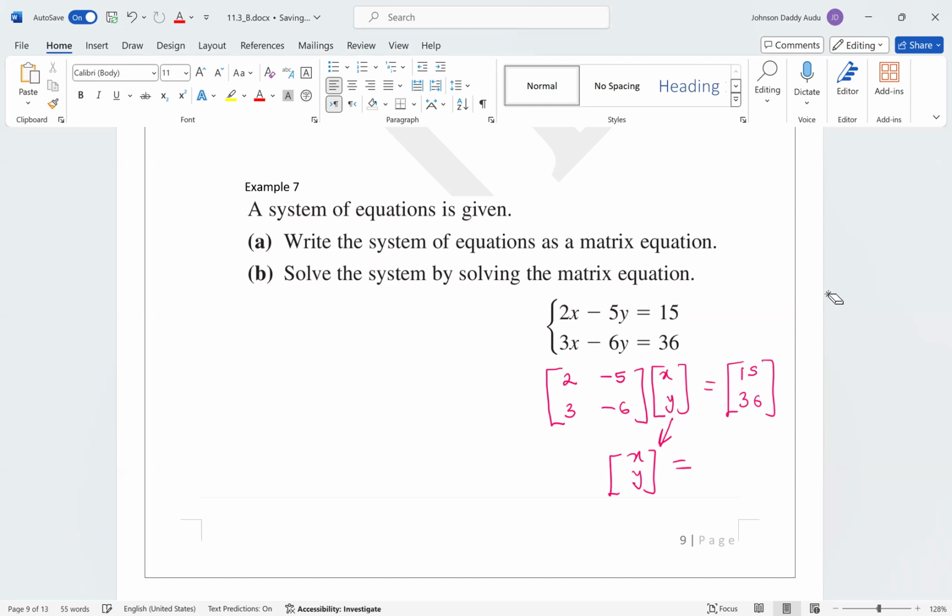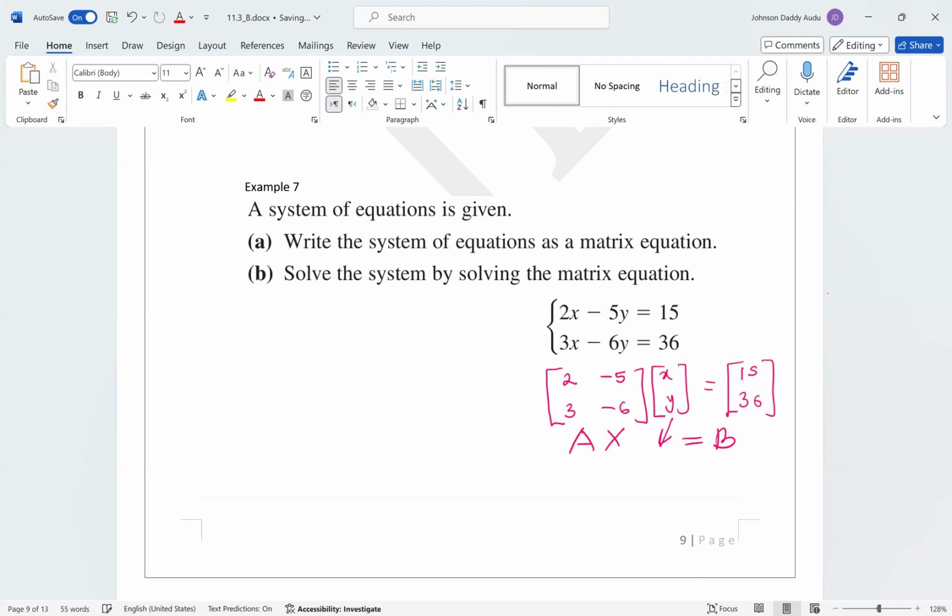Let me just explain better here. Because if you consider this as your matrix A, and this is your matrix X, right? And you call the right-hand side your matrix B. So how can you get X?